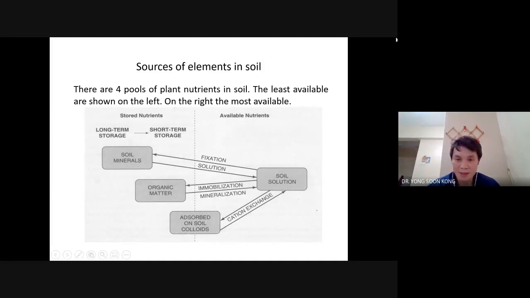Now between soil solution and the clay, there's only one thing that happens: cation exchange. When I say cation exchange, there's only one reaction, adsorption. In fact, this box already tells you that, adsorption. Adsorption is from solution to this soil colloid.